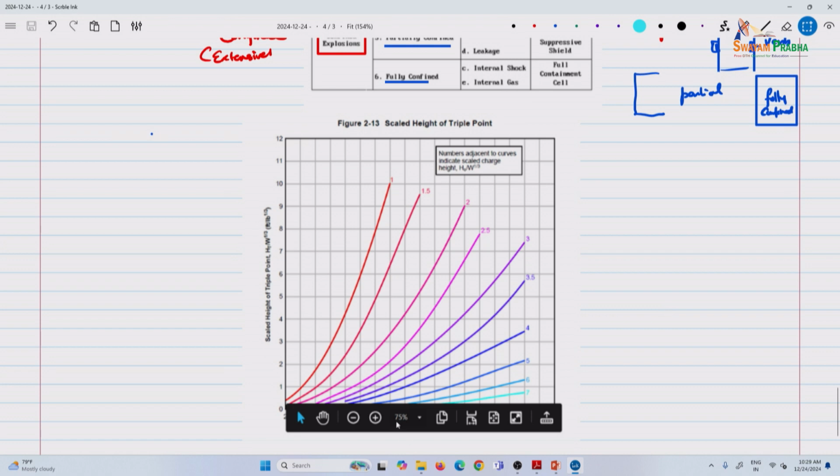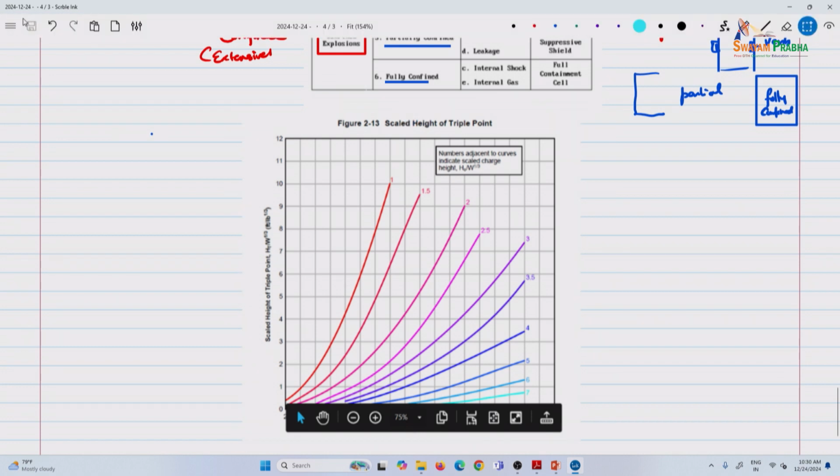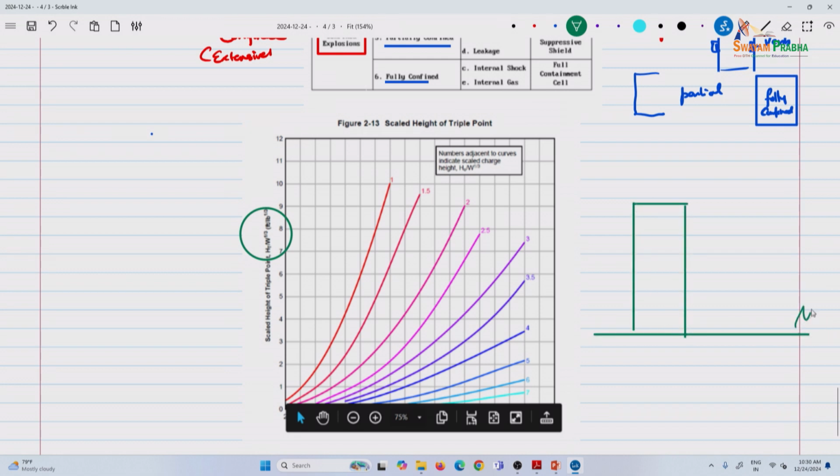So, this is the scaled height. We will talk about what scaling is. Maybe I am a little ahead, but that is okay. We will introduce you to the term. So, this is the scaled height. If you see, you have your building and your explosive is here, and then these are your incident waves, and then this is going to reflect out, and then your reflected curves are like this.